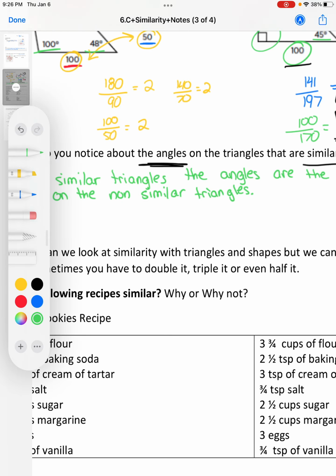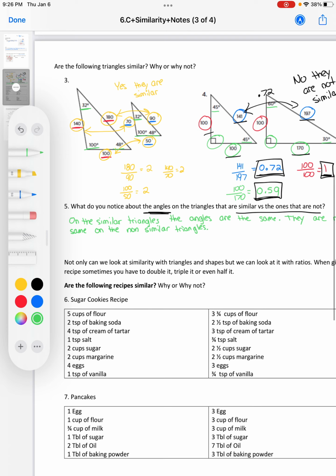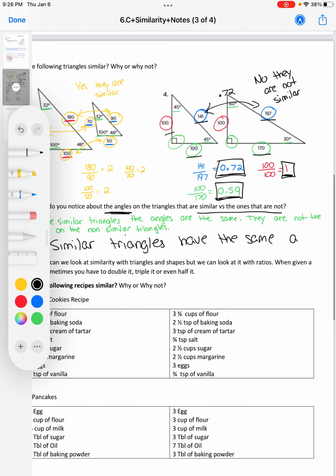So what does that mean? It means similar triangles have the same angles, okay? So that's what that means. Similar triangles have the same angles, okay?